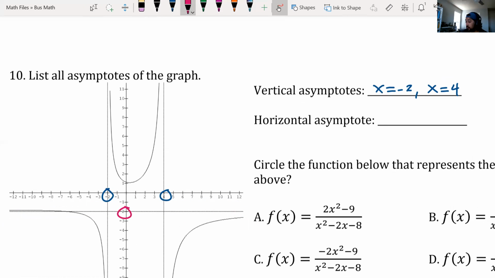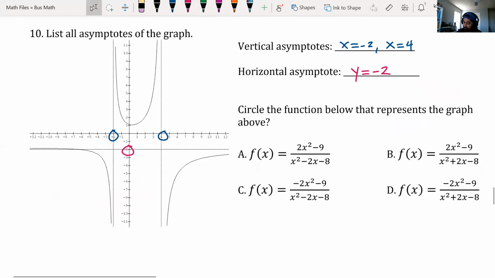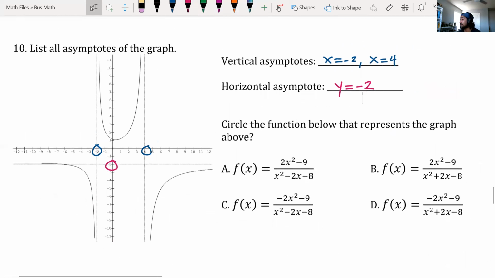So since it's a horizontal line, our horizontal asymptote is going to be y equals -2. All right. So all we have left to do is find a function that would represent this.